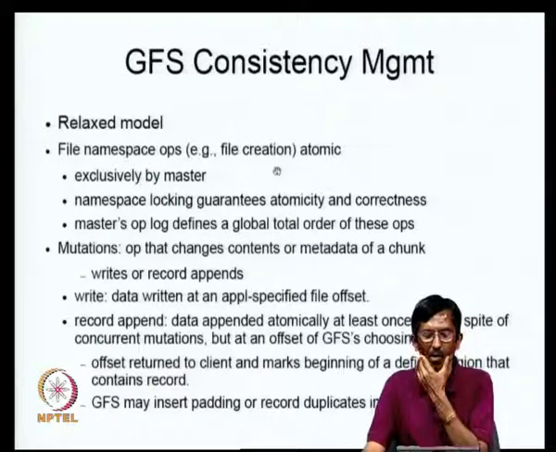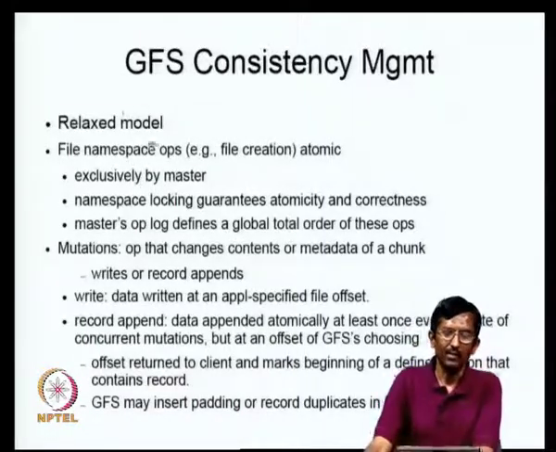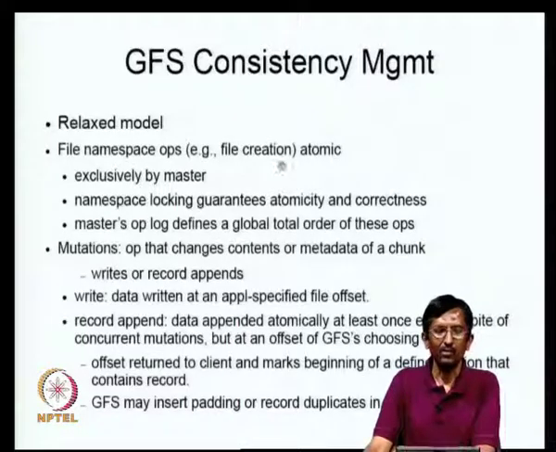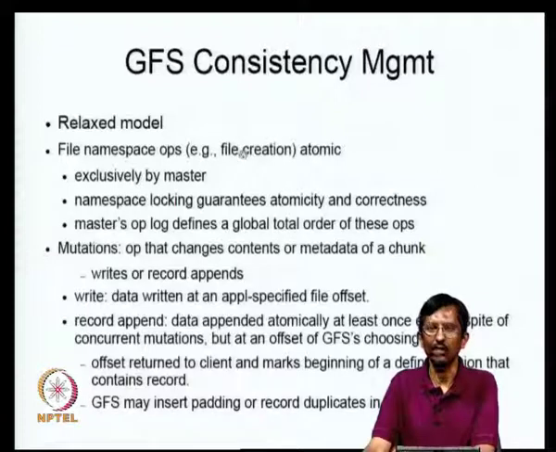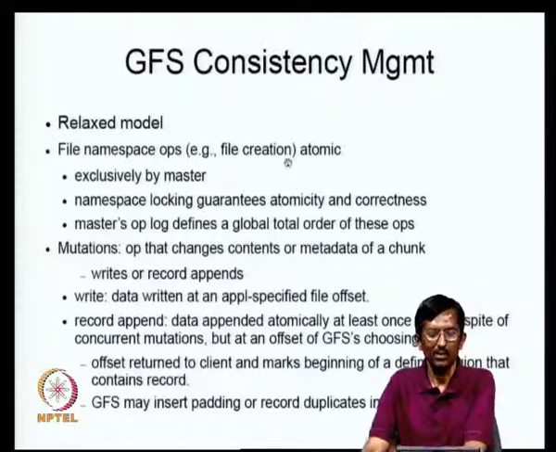You notice that some things have to be atomic. For example, if you are doing file create, you create a file and also it has to be inserted into the directory in an atomic manner. If you do not do this, then it can create lots of complexities.